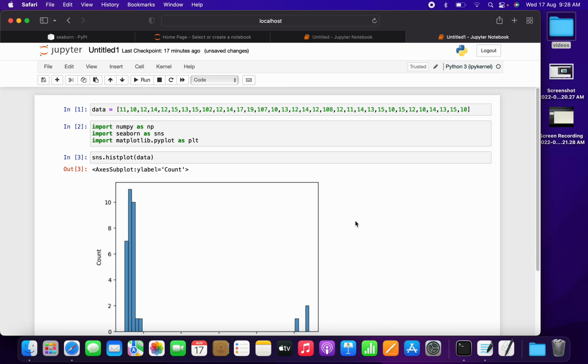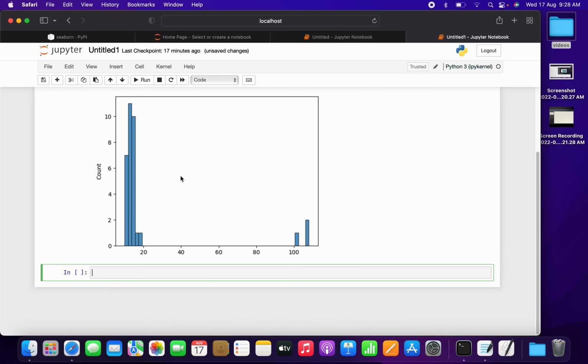From here it is clear, let me scroll down, that these values, I believe 102, 107 and 105, these three values are outliers. So we need to calculate it.